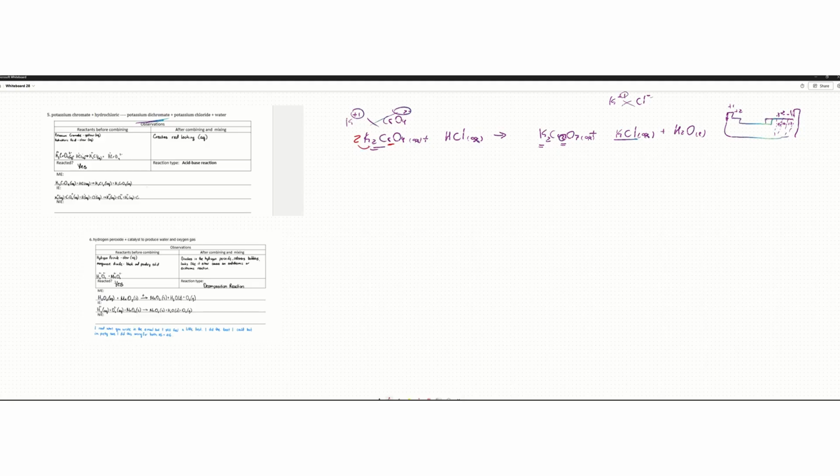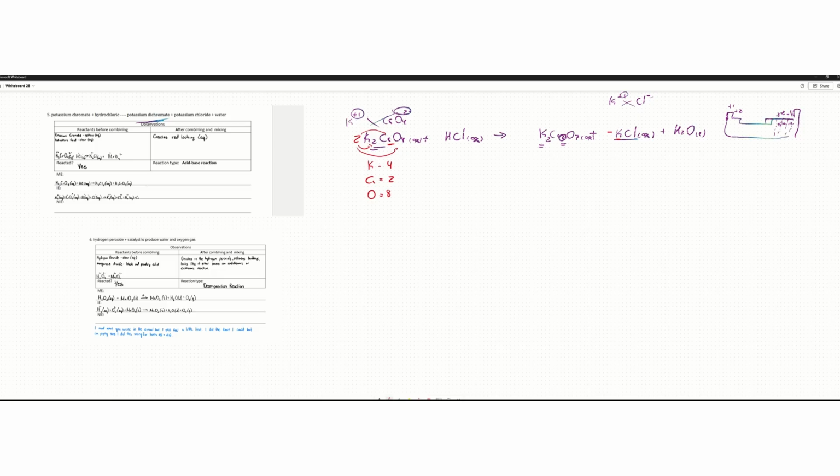Because we multiply each element over here, so I have 2 potassium, so it will be 4 potassium, the chromium will be 2 chromiums, and oxygen will be 2 times 4, 8 on this side, right? And now I have 1 potassium plus 2 will be 3, but on this side I have 4.